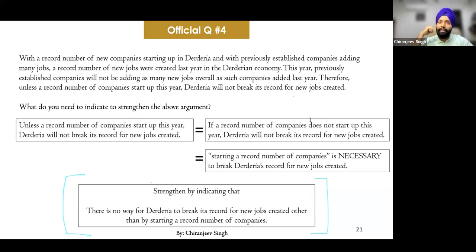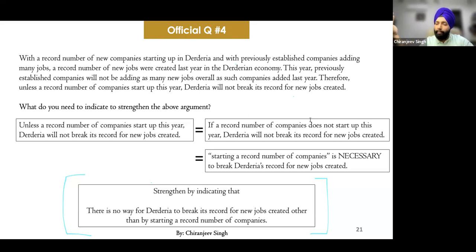creates a significant number of jobs per company. Okay, so there has to be a significantly higher number of jobs per company. If every company creates that, then you don't need a record number of companies, right?